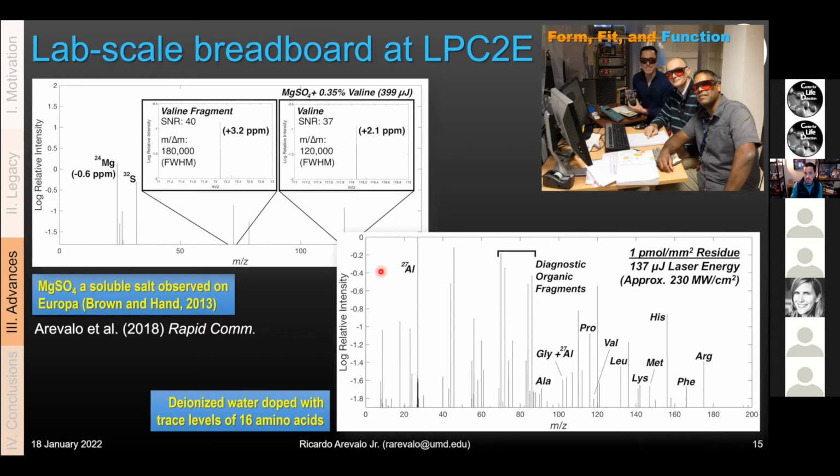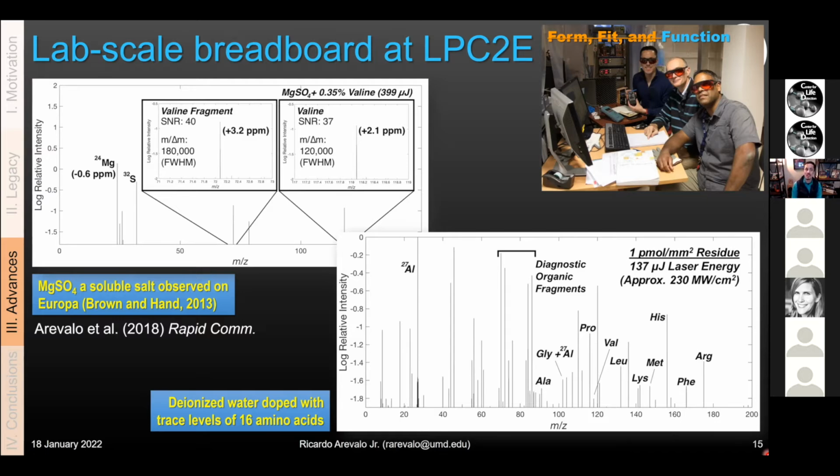And what we're able to see is a wide range of amino acids at a weird surface concentration. So this isn't like weight percent, because this is a surface technique. We need to have moles per unit area. The relevance of 1 picomole per millimeter squared is that it's the pass-fail criterion for MOMA. It's not MOMA's detection limit.